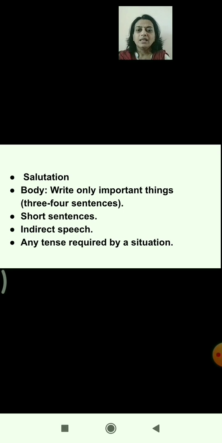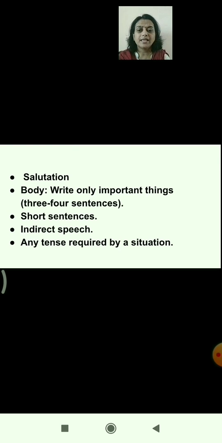Then the next point is short sentences. When you are writing the message, the sentences which you are using should be short. They should be short and simple.